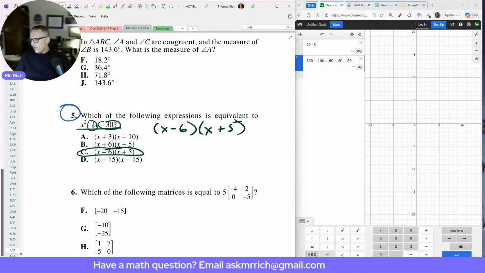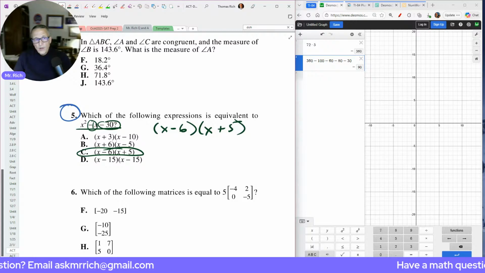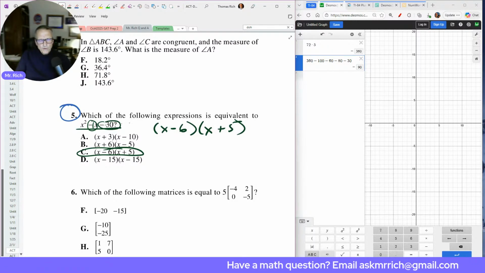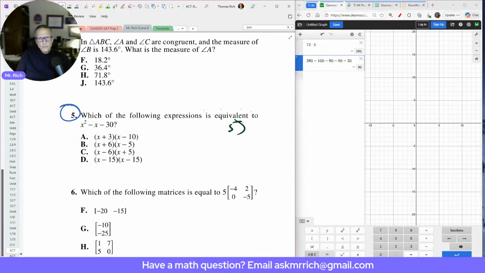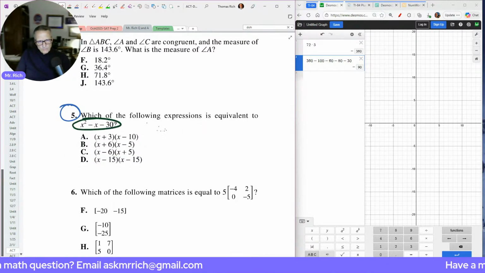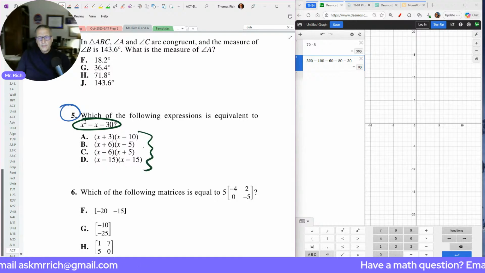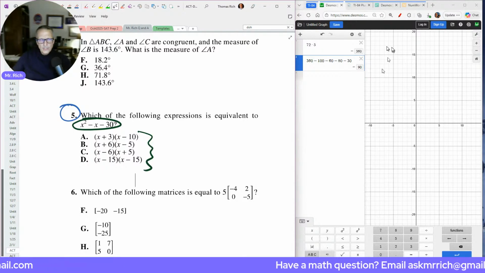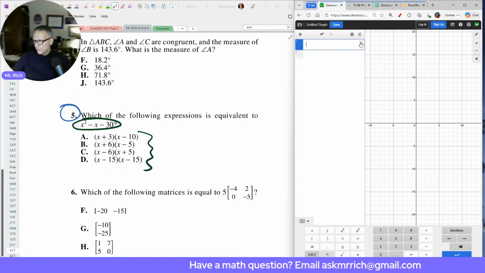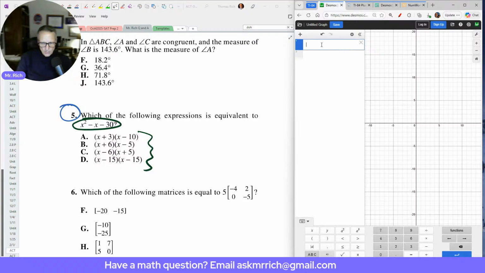However, here's where a graphing calculator like Desmos might really help you if you did not know how to do this, or maybe it was a more complicated polynomial function. On equivalent expression problems, where they give you an expression and they want you to match it to an equivalent expression, you can match it instead of algebraically matching it. You could decide to match it by graphing.